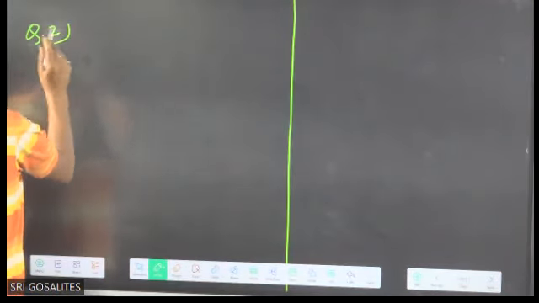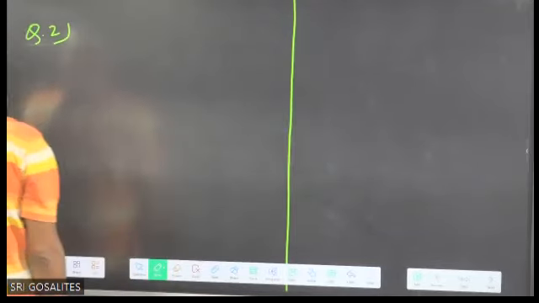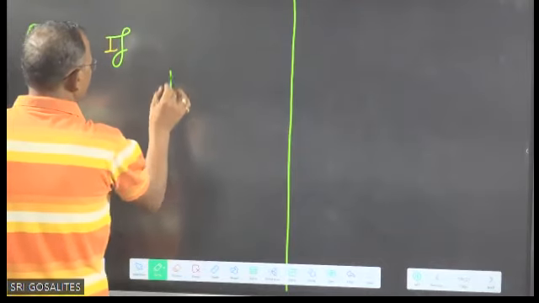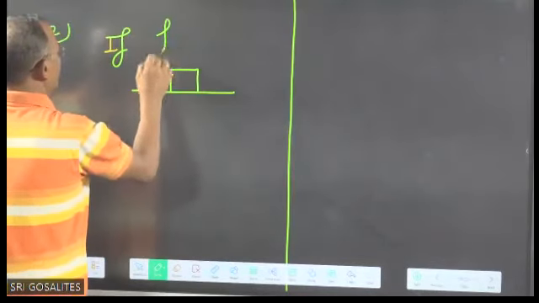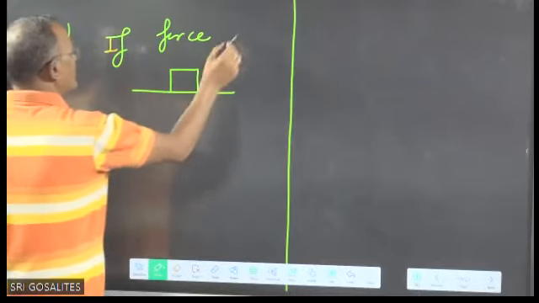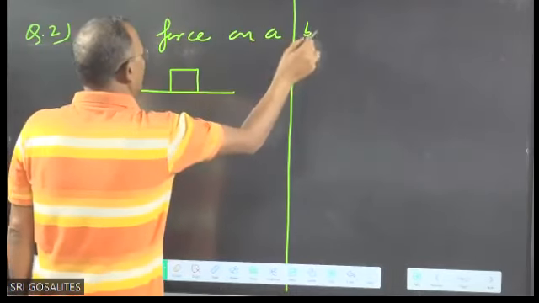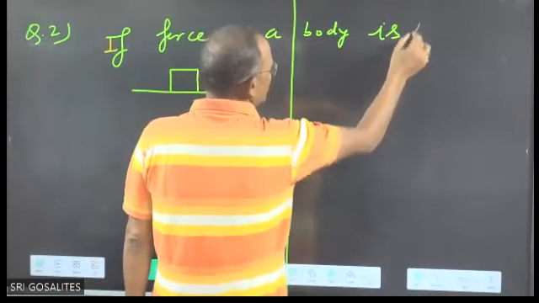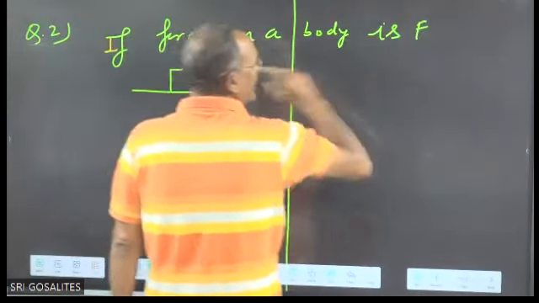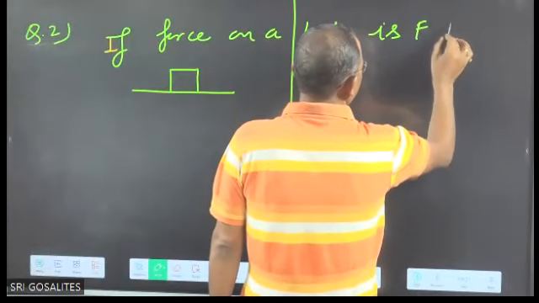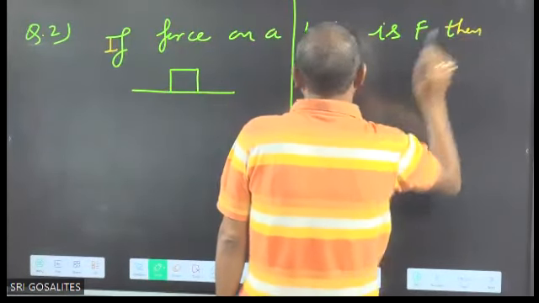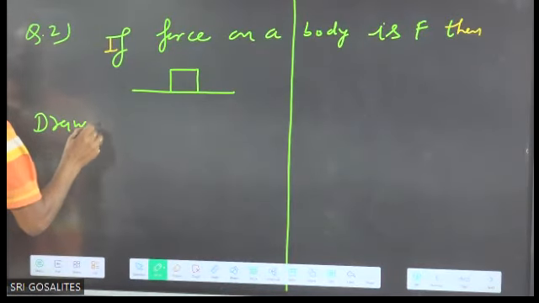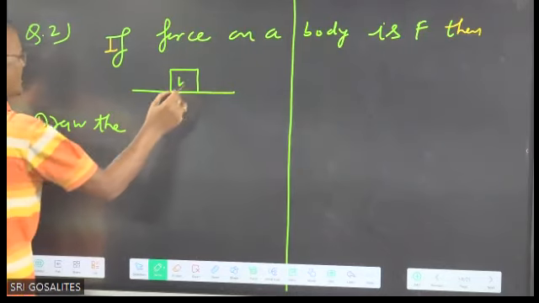Question number 2. Note down with me. If force on a body is F, then draw... Suppose here is the body of mass m.